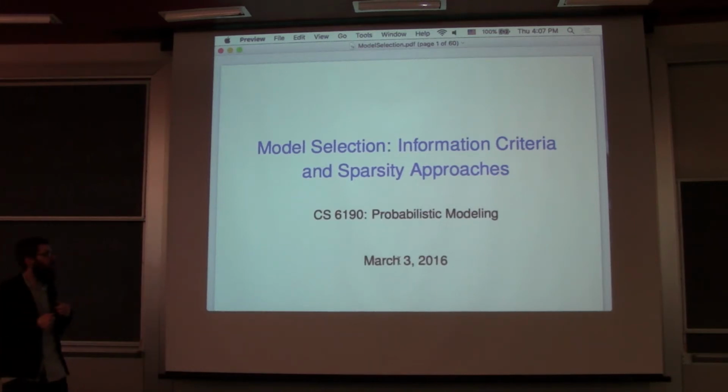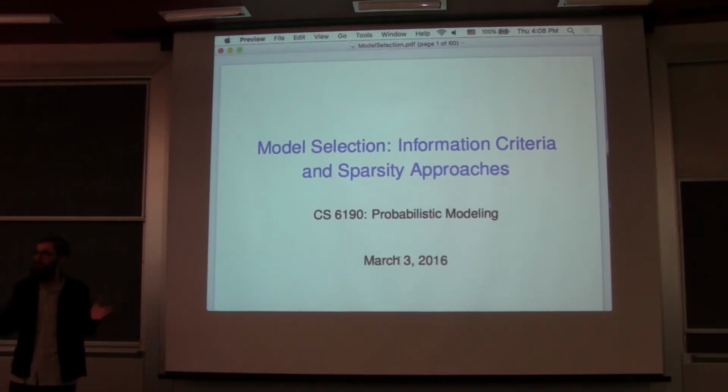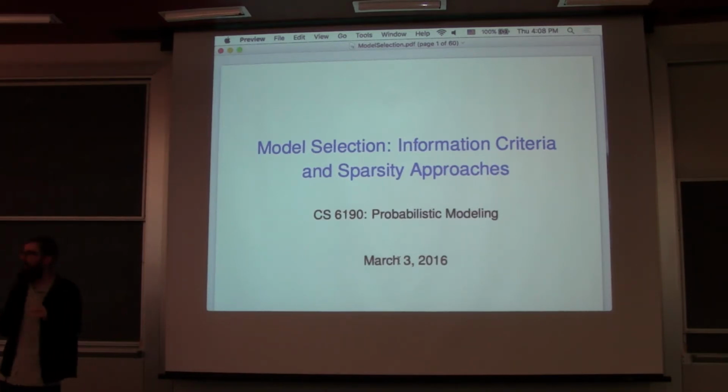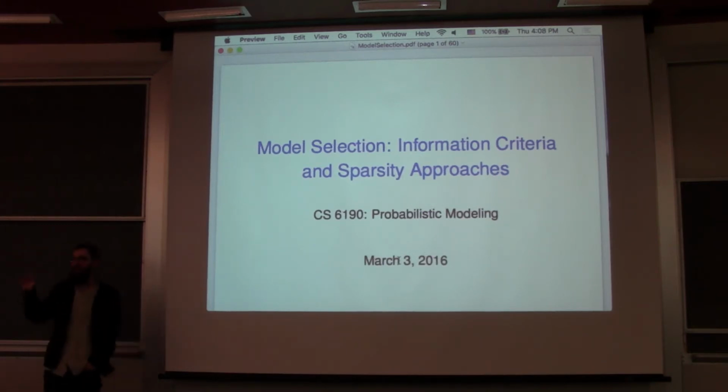But the general model selection problem could be that I've got a choice of tens or hundreds of variables, and any combination of those variables would be a valid model. So if I have an X matrix with a certain number of columns, the question is, which columns do I want to actually keep in the X matrix, and which columns would I possibly throw out?